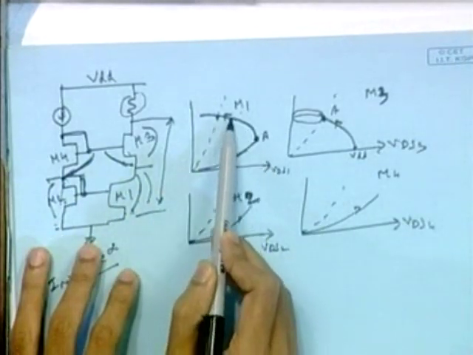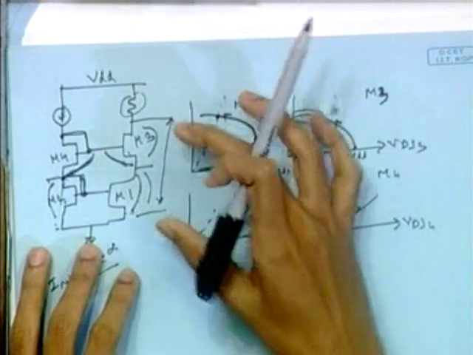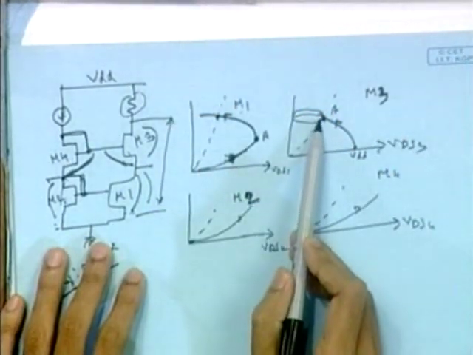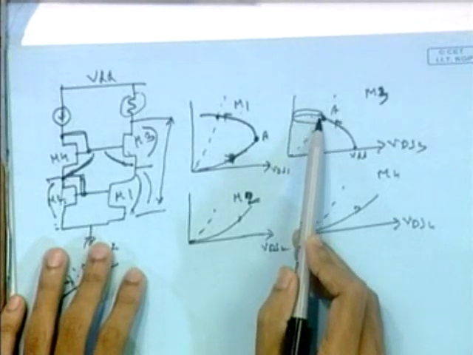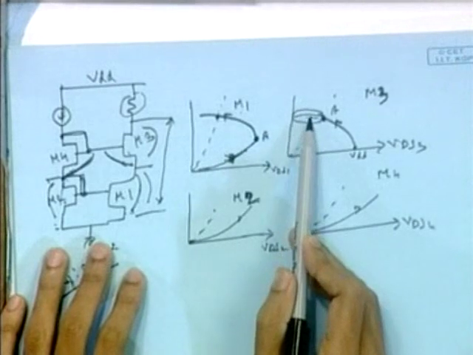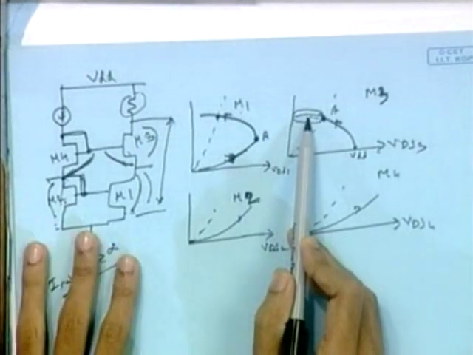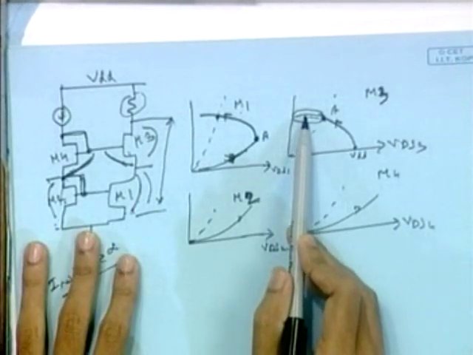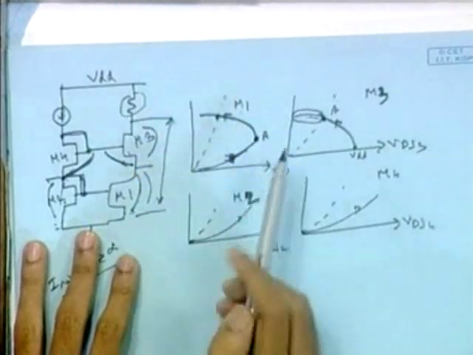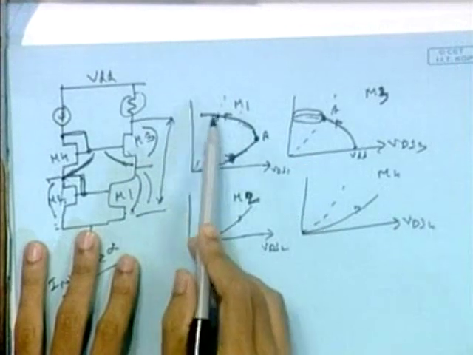So it has to decrease, because ultimately this voltage is decreasing as we increase the current. And you see that when it enters the triode zone, the rate of decrement of VDS decreases. So as the total voltage decreases, it has to decrease after some point. This is the point after which it will hit the triode point.